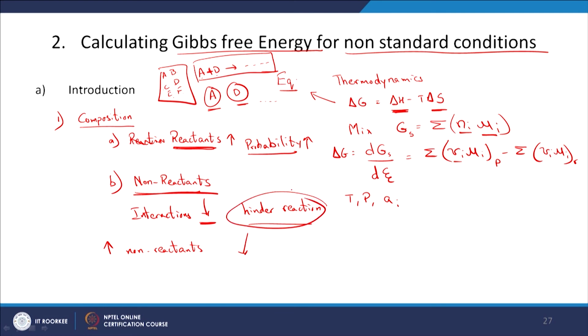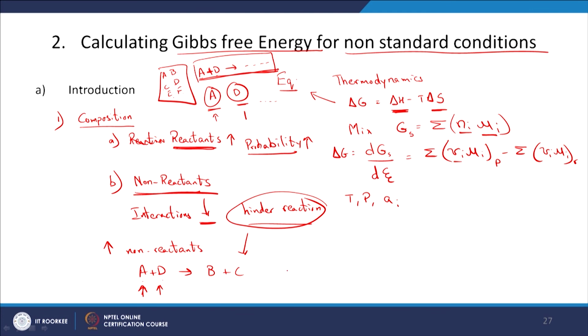So here we talked about an example again, A plus D going to products. The greater the concentration of A and the greater the concentration of D, the higher the chances of collision between the molecules of A and molecules of D, and for the reaction to go through.